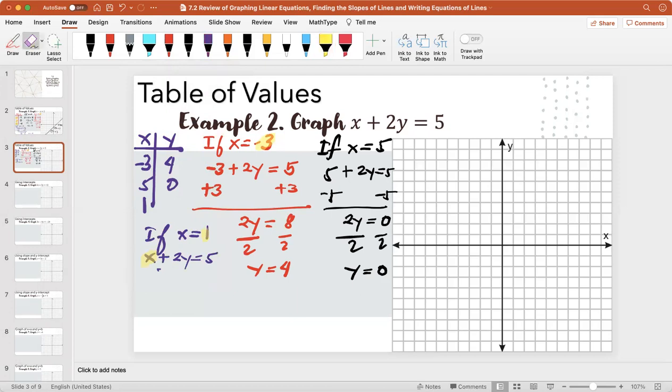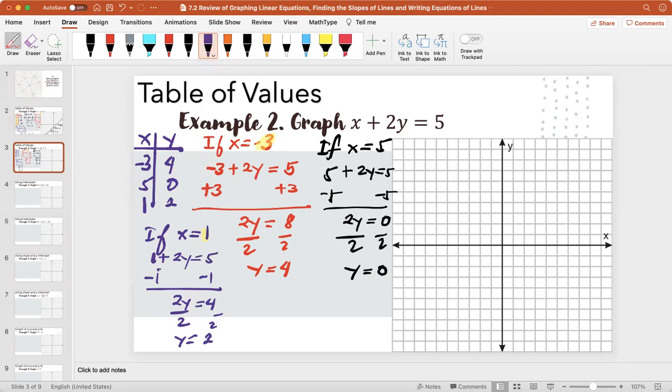That means we now replace x by 1. Minus 1 here. You have 2y equals 5 minus 1. 4 divided by 2, y is 2. Again, we got an integral value. So that's what I'm saying.